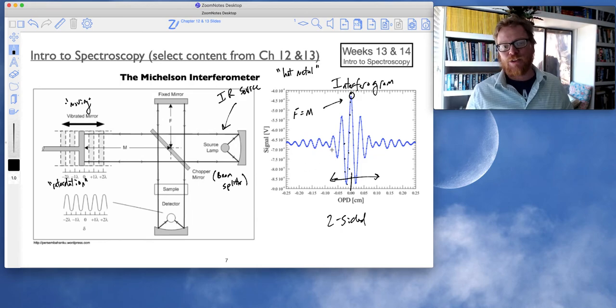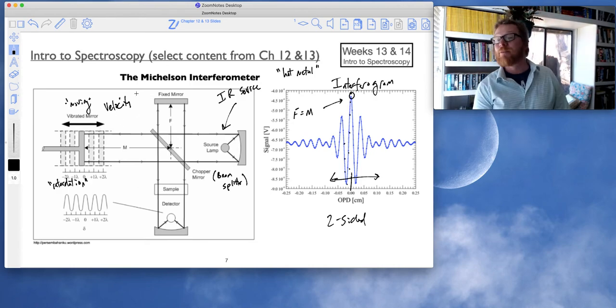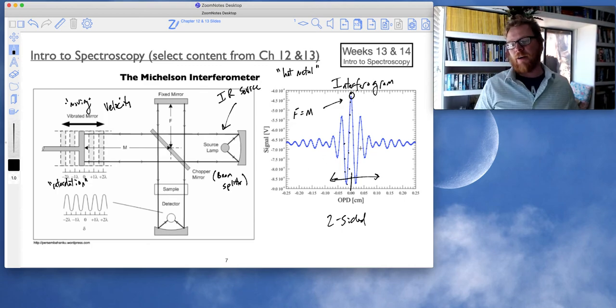And so we have to view this in the time domain. Even though it's showing this as a distance, this moving mirror has a certain velocity that we program in the spectrometer. The distance that the mirror moves divided by its velocity will give the time domain of this.